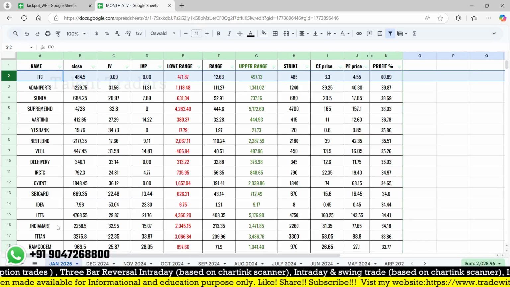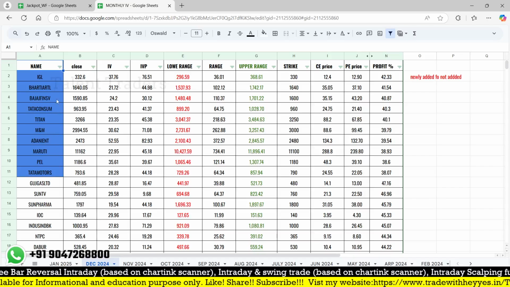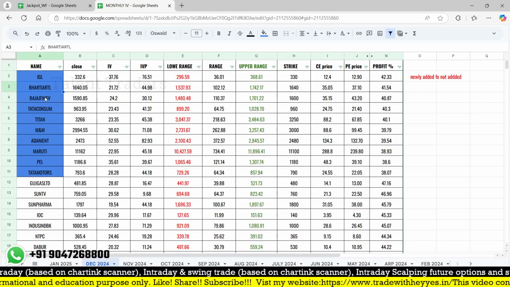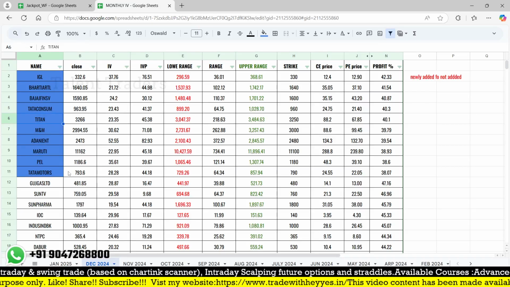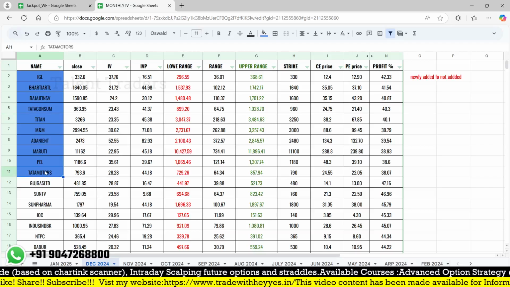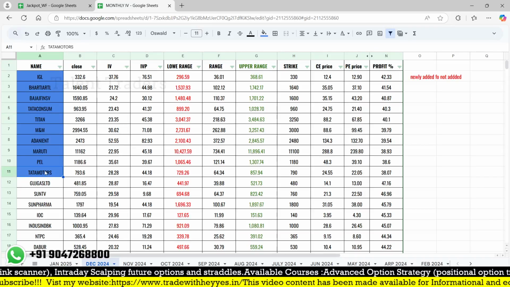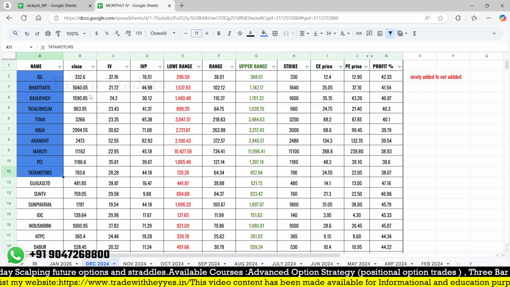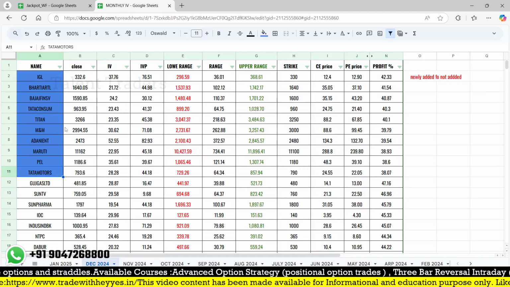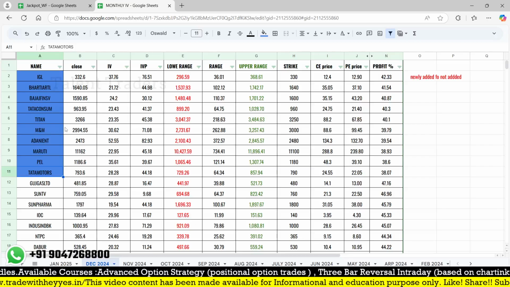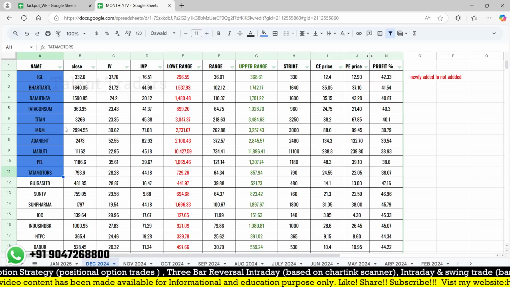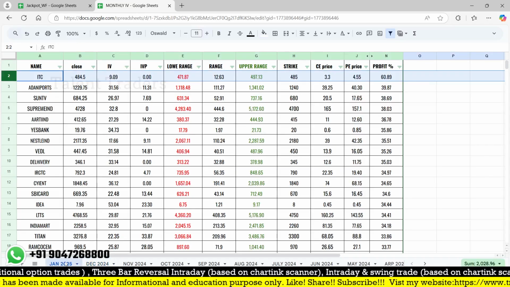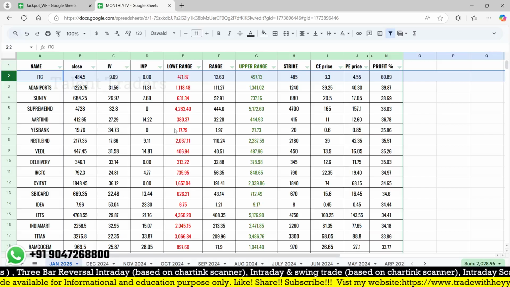For example, in December we gave some opportunities like IGL, Bharti Airtel, Bajaj Finserv, Tata Consumer, Titan. These are the things we found last month, a movement which we can expect, and that is what happened. But this month we can't find them because of the lack of volatile stocks at this moment, but we can look for stocks on a directional basis only for the month of January.